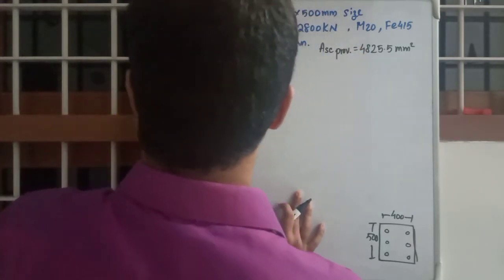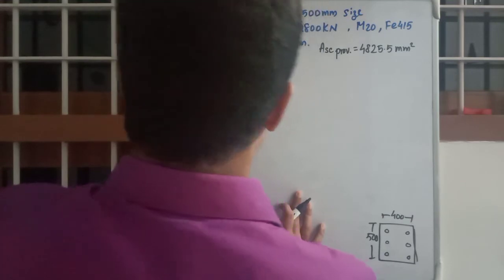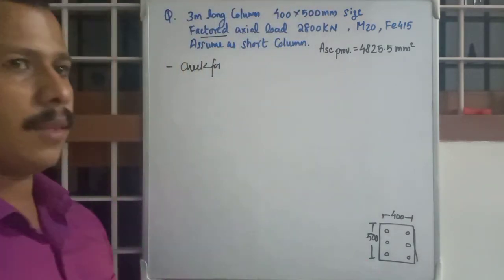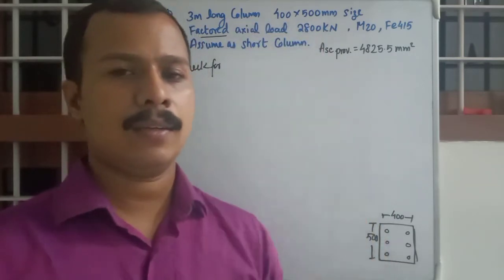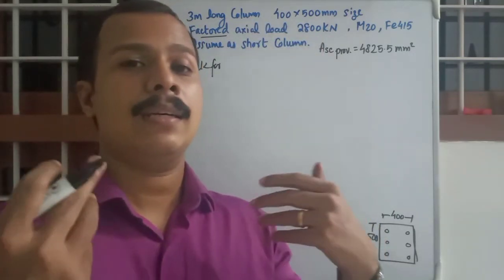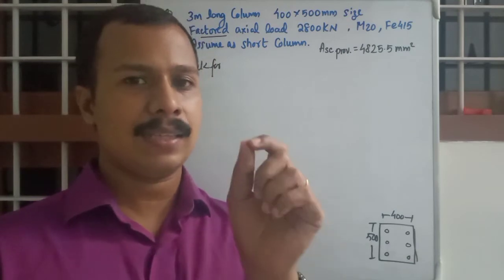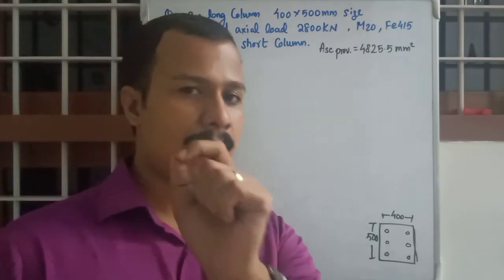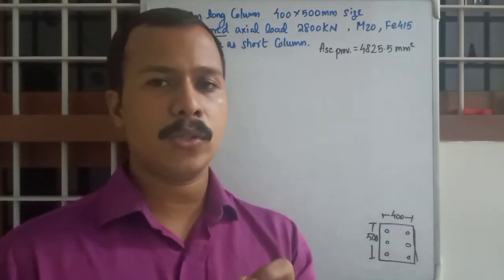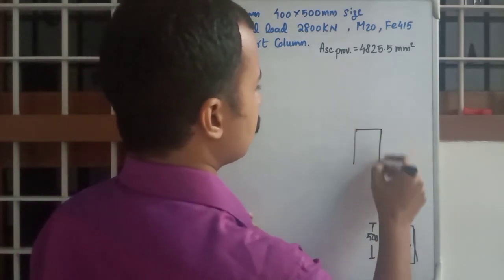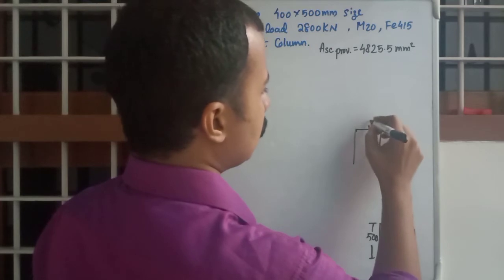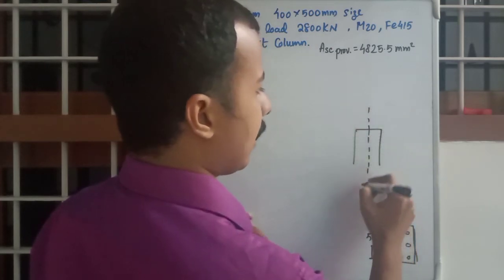Eccentricity is actually the distance from the center of the available area. How much distance is swayed for a particular force from the center. Suppose this is the column, this is the center line.